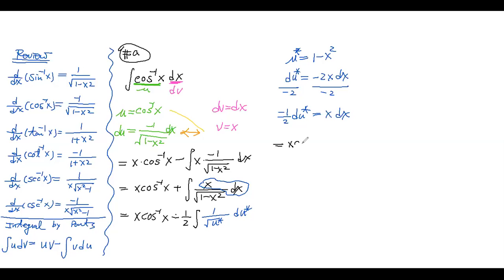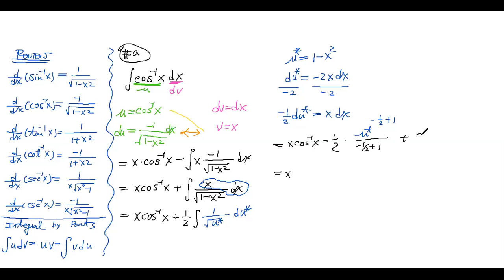So this is x arc cosine x, right? And then minus 1/2. Now I'm taking the integration of this one. So this will be -1/2 plus 1, and I have u star to the -1/2 plus 1 here, right? Okay, so now this will be 1/2 here, and this is 1/2, so you can cancel that.